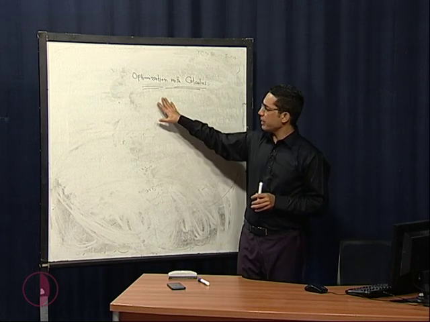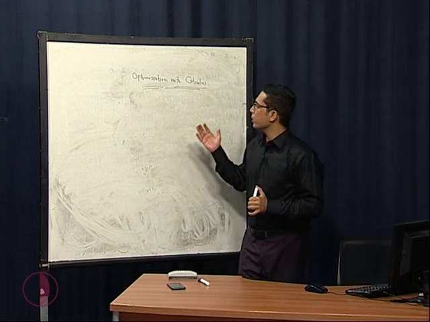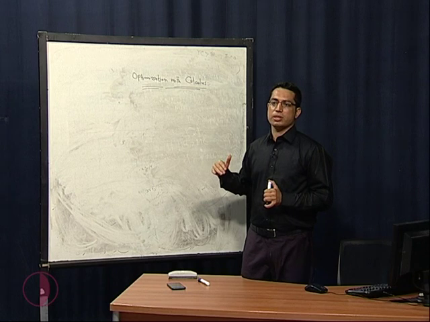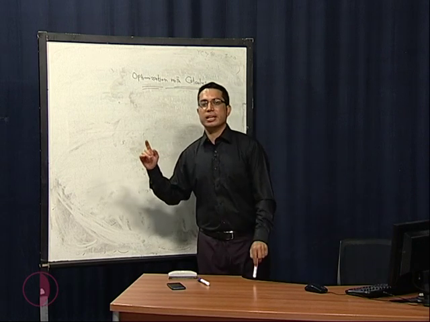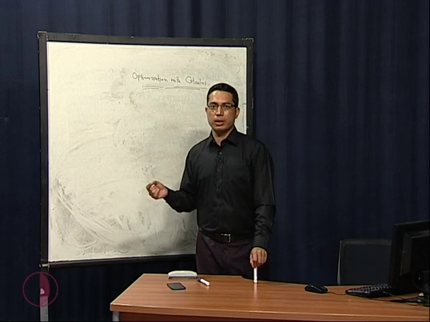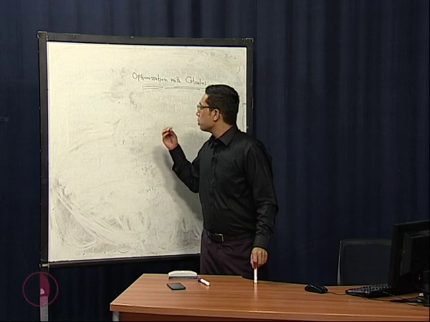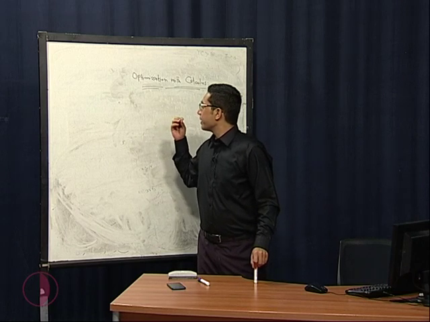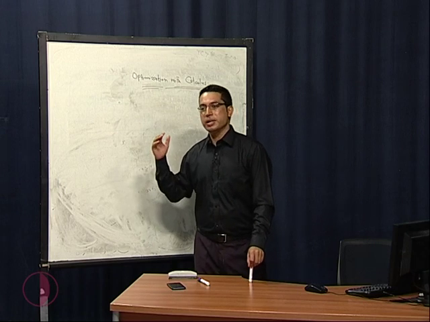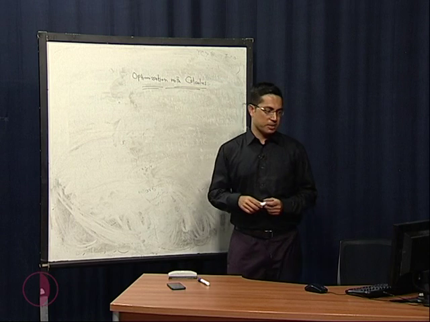So, optimization often requires finding the maximum or the minimum value of a function. The maximum applies when the firm is interested in earning maximum profit. The minimum point of a function applies when the firm is interested in minimizing its cost. So, maximum in terms of maximum profit, minimum in terms of minimum cost.